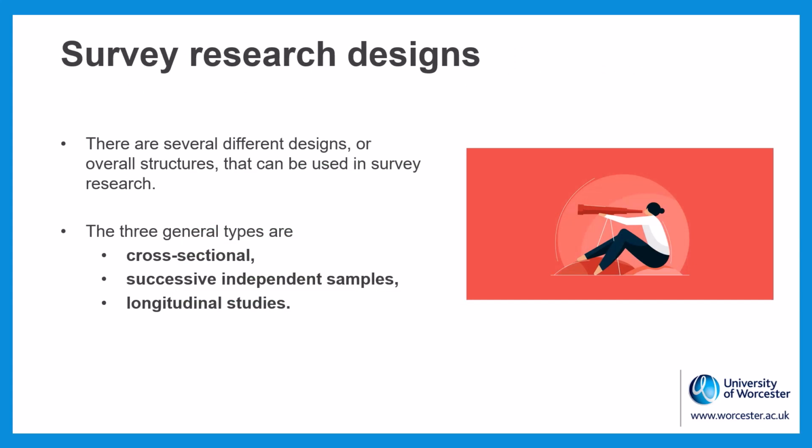There are several different designs or overall structures that can be used in survey research. The three general types are cross-sectional, successive independent samples, and longitudinal studies. Let's start with cross-sectional studies.